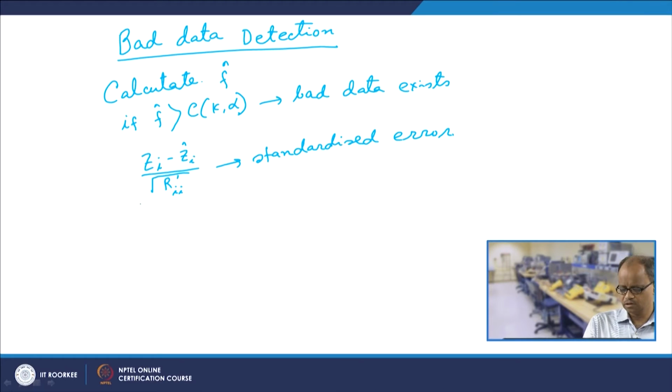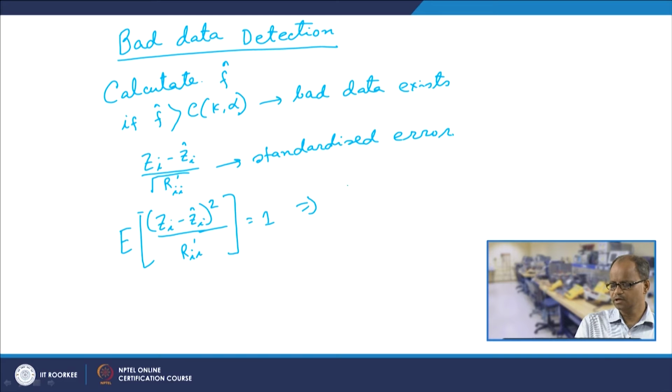Now, please note that we have calculated the expected value of zi minus zi hat whole square by rii dash, and we said that it is equal to 1.